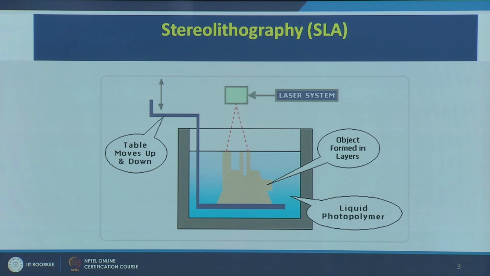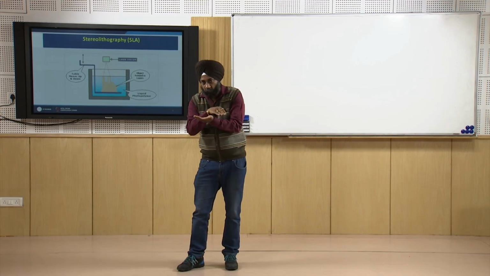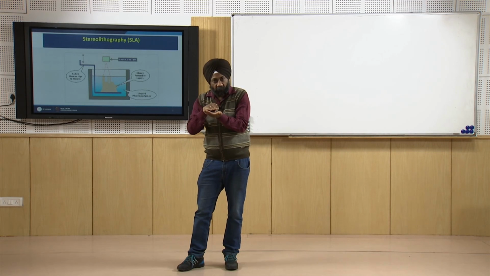Another thickness of polymer will come on top of the initially cured layer, and then again the laser gun will cure selectively depending upon the shape of that particular polymer that has come over the first layer. Then again the platform will be lowered down. The polymer for the third layer will come on top of the second layer.